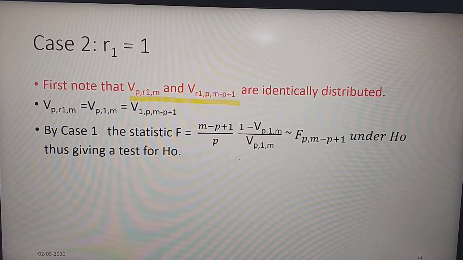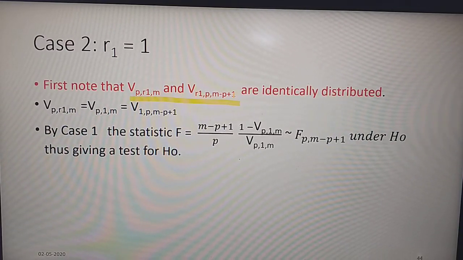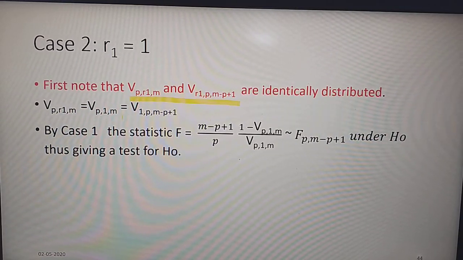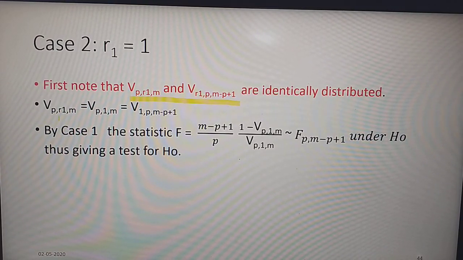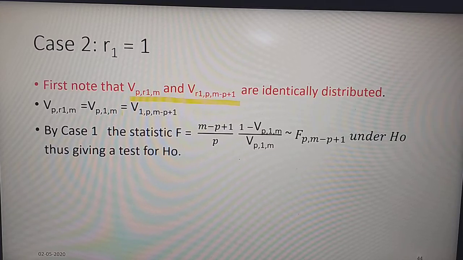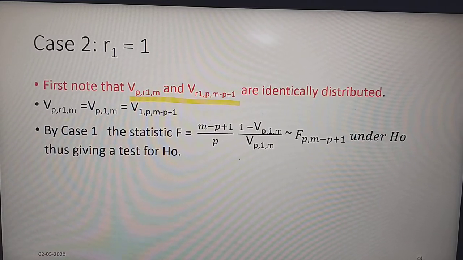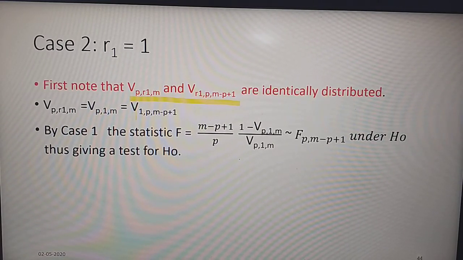This is another result whose proof we do not consider here in our syllabus, but we have to use this result. So V(p, 1, m), with r1 equal to 1, is equal to V(1, p, m minus p plus 1). Because of this result, we can write V(p, 1, m) as V(1, p, m minus p plus 1).